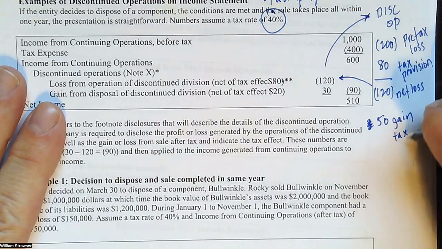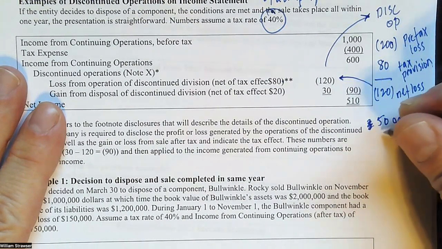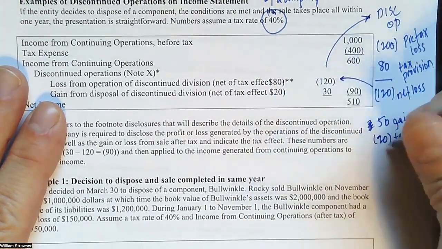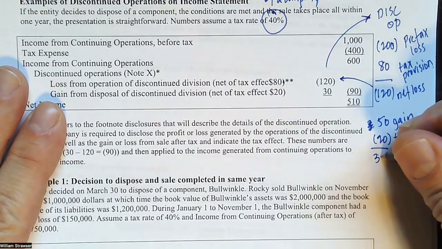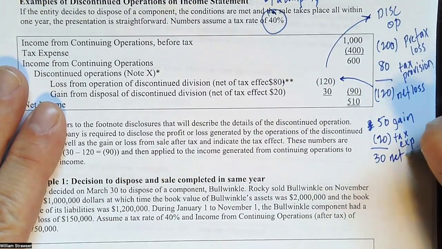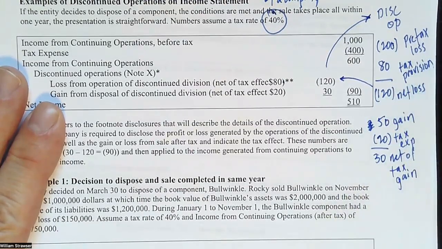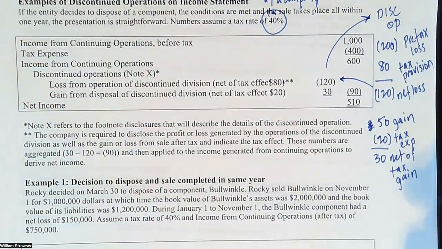So that is tax expense, the $20 disclosed here, which gives me the net of tax gain of 30.